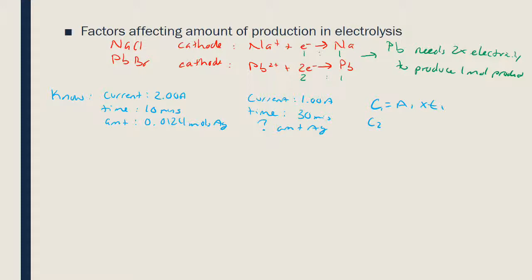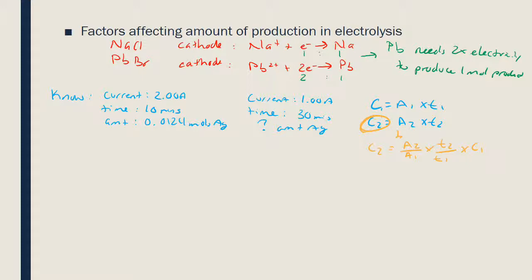We're running the same reaction again, so the charge of reaction 2 is amps 2 times time 2. The only thing we don't know is the charge of the second reaction, so we can manipulate this to say the charge of the second reaction is the amps of the second reaction over the amps of the first reaction, times the time of the second reaction over the time of the first reaction, times the charge of the first reaction.